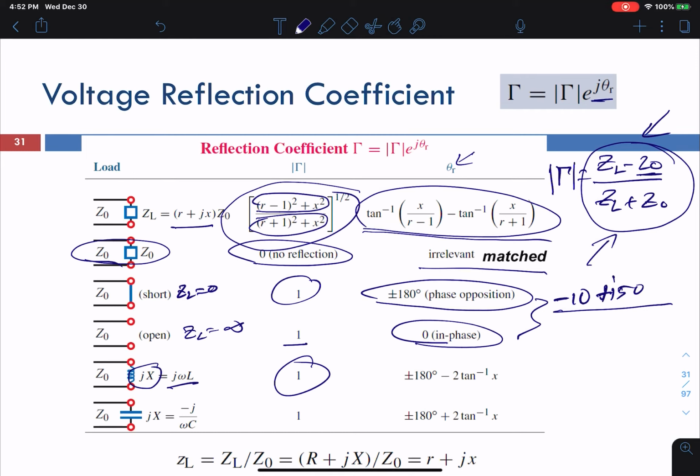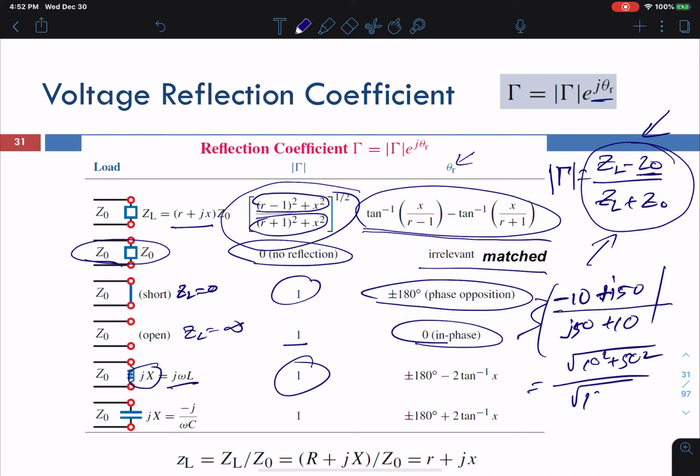Then over here you have j50 plus 10. If you take the magnitude now, look at what happened. You take the magnitude, it doesn't care what sign it is. So it's 10 squared plus 50 squared, then the same here, 10 squared plus 50 squared. So it becomes 1. That's what I'm saying.